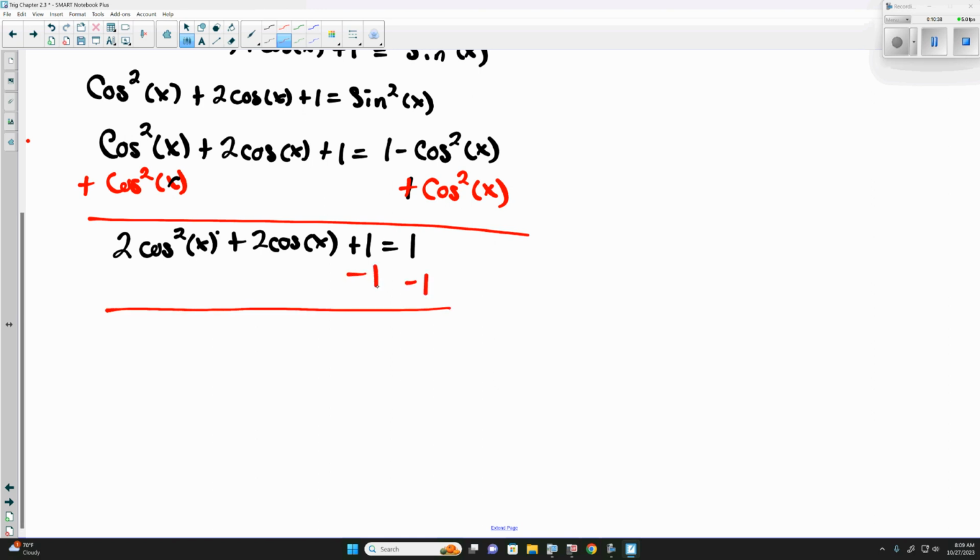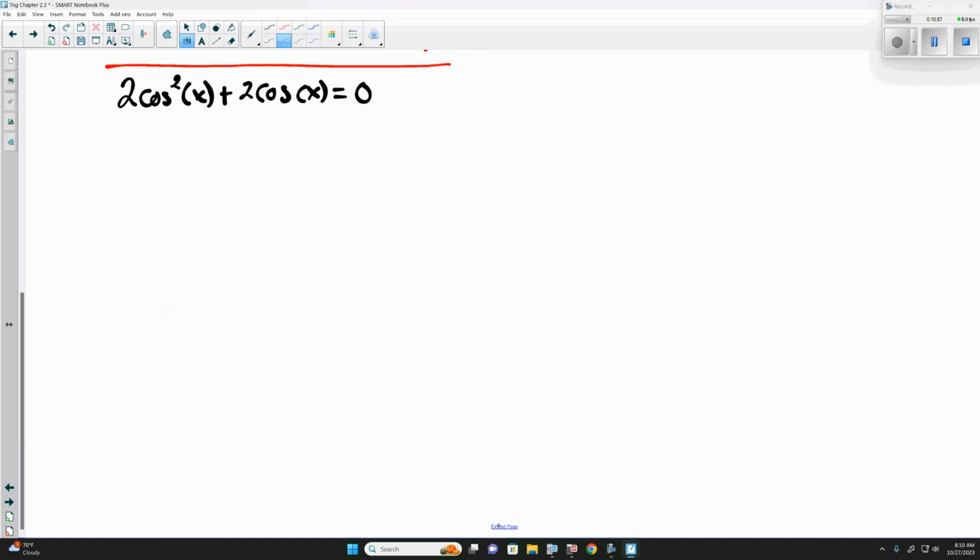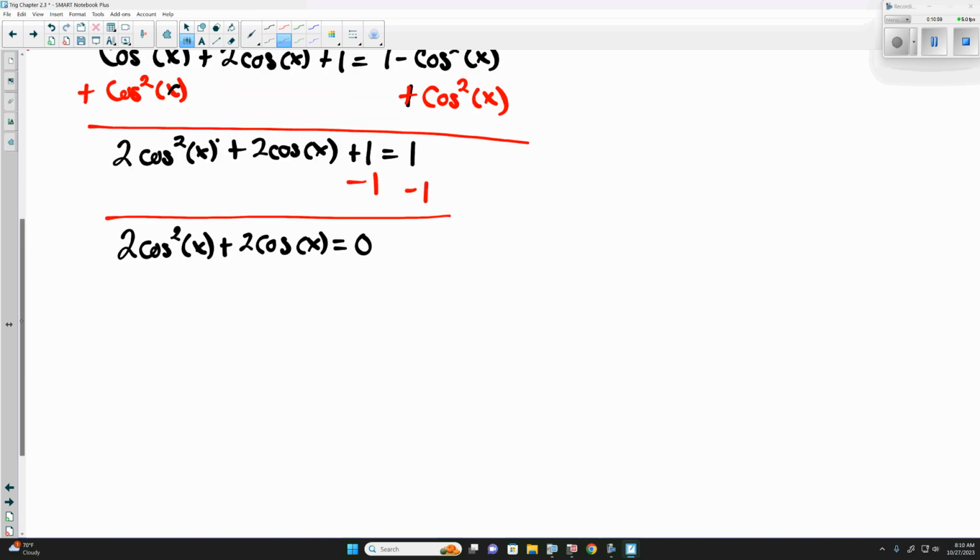Then again, to finally get it equal to 0, we're going to subtract 1 from both sides. Any questions on how we got down to 2 cosine squared of x plus 2 cosine of x equals 0?